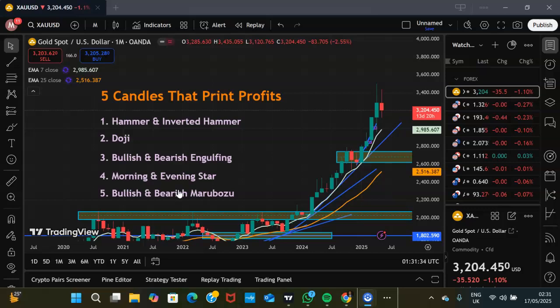And today I'm going to be talking about an important concept in price action trading. Whether you are a seasoned trader, a beginner, an expert, or you probably have no idea about trading, you want to master this concept.